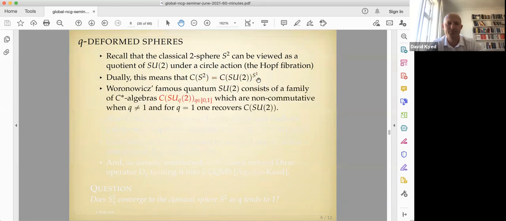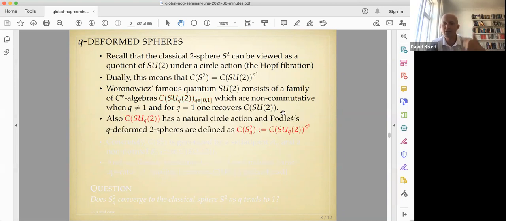There is this famous quantum group, SU_q(2), due to Woronowicz, which gives you for each q between 0 and 1 a generally non-commutative C-star algebra. The non-commutativity holds as long as you stay away from 1, but exactly when you get to q equal to 1, you recover the continuous functions on the classical SU(2) group. One of the good things about this C-star algebra SU_q(2) is that it also has a natural circle action.